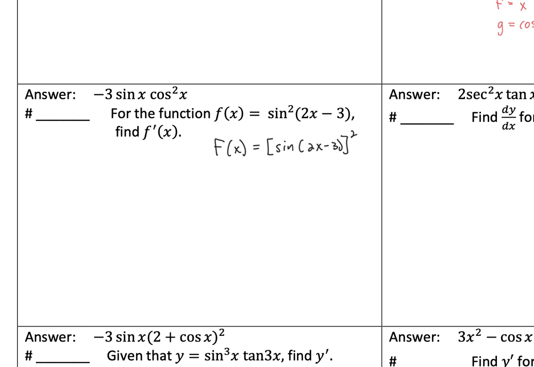Overall, the inside function is sine of 2x minus 3, which means the outside, if we call this whole thing x, is x squared. We'll take derivatives.